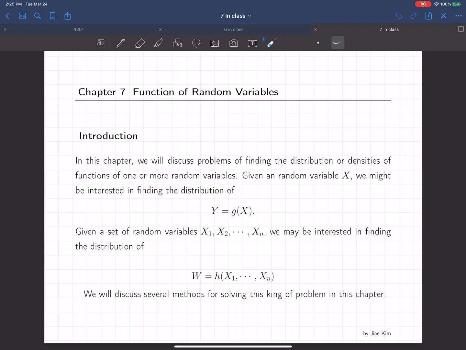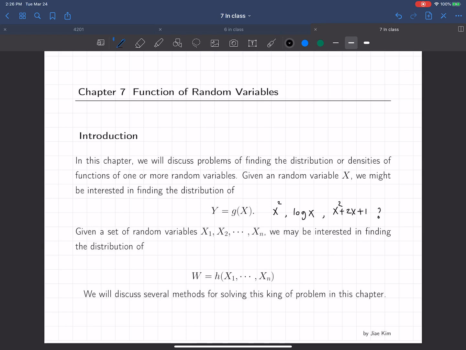Formally, whenever a random variable, say X, is given, our goal is to find the distribution of a function of X. For example, what is the distribution of X squared? What is the distribution of log of X? What is the distribution of X squared plus 2X plus 1?